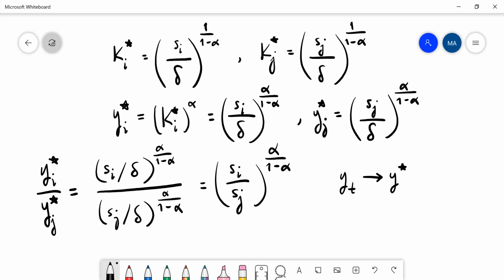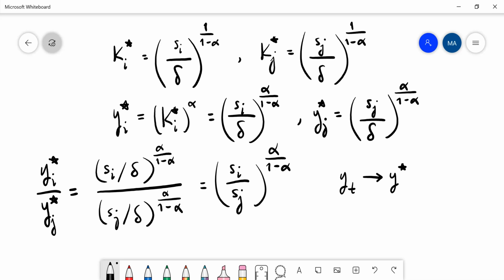So does this make sense from an empirical point of view? Well, for the modern, let's say, developed economies, it doesn't make any sense, because what we observe is that GDP per capita in these economies exhibits sustained growth.